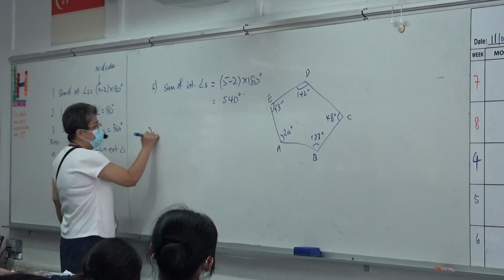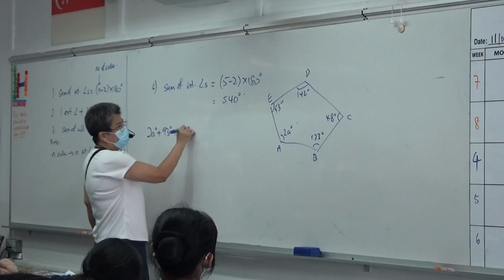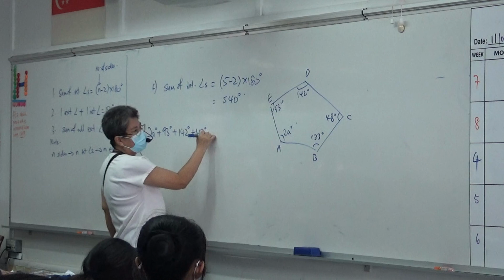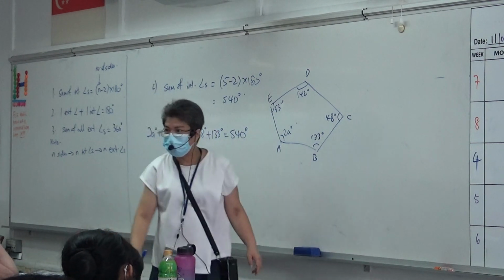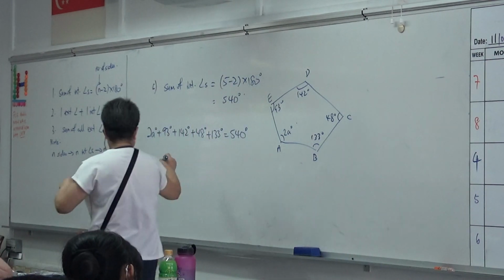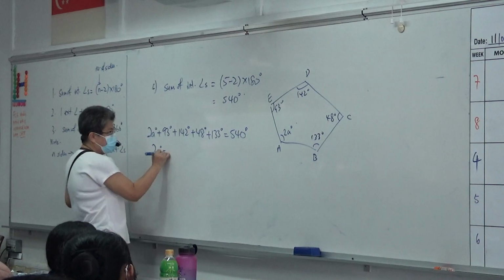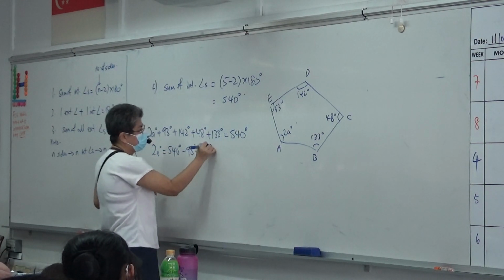So, 280 degrees plus 93 degrees plus 142 plus 48 plus 133 must equal 540 degrees. Okay, so 280 degrees will be 540 minus 93.